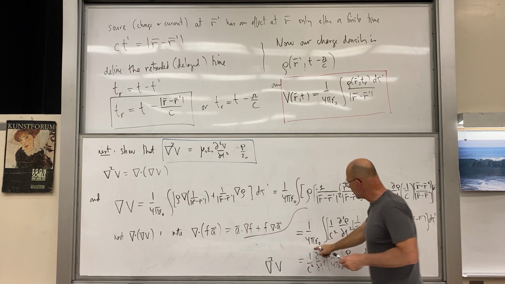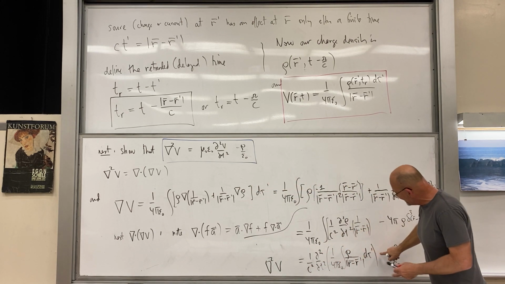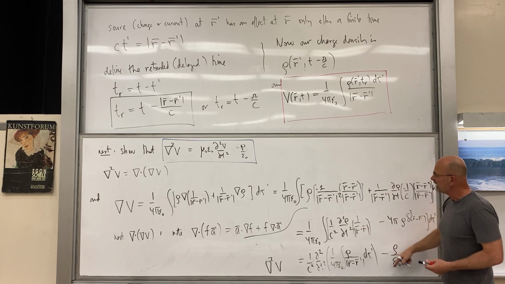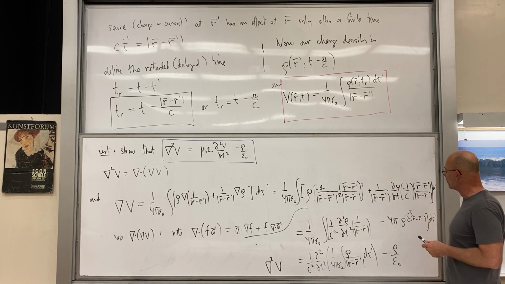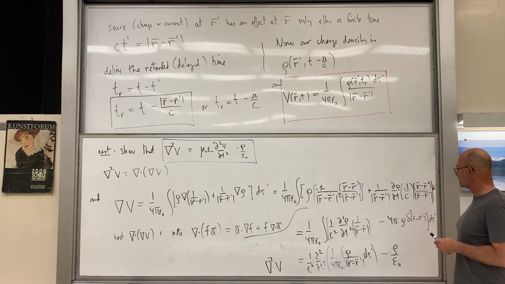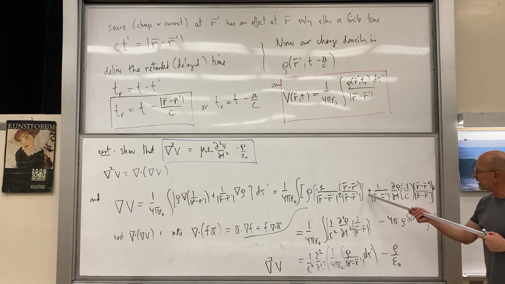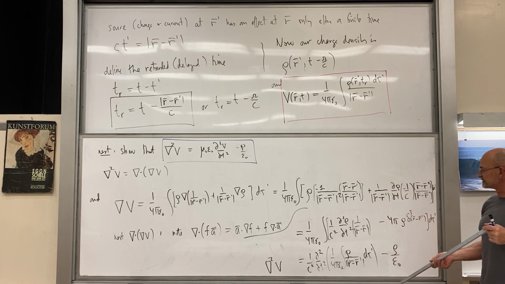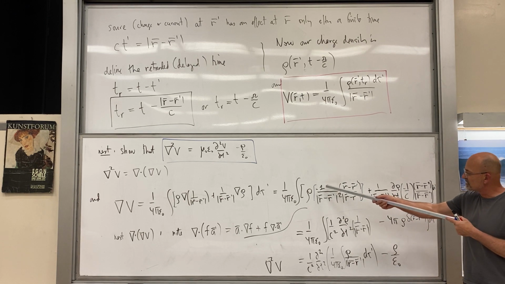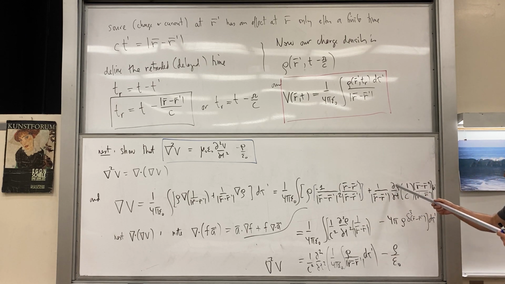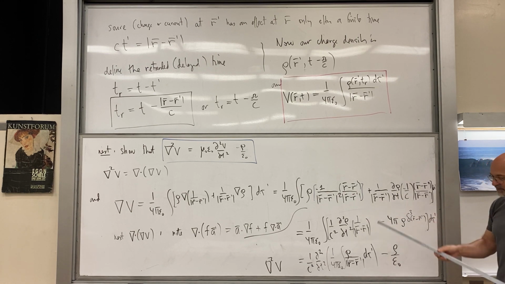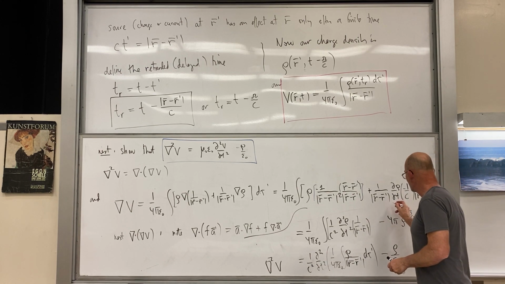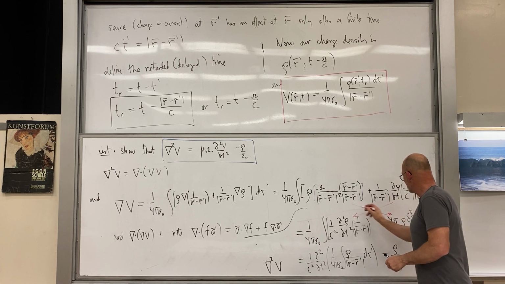Del squared v, we've got the 1 over c squared d squared v dt squared, because that is the v. And then the delta function integrated up, we got the rho over epsilon naught. And I did a little hand waving on this, but you can see where each of these expressions comes from. You get a cancellation of the two, the time derivative one here and the time derivative here times the space derivative there. And then you're left with the second one, second time derivative. So this went over to here, and this one left over there.